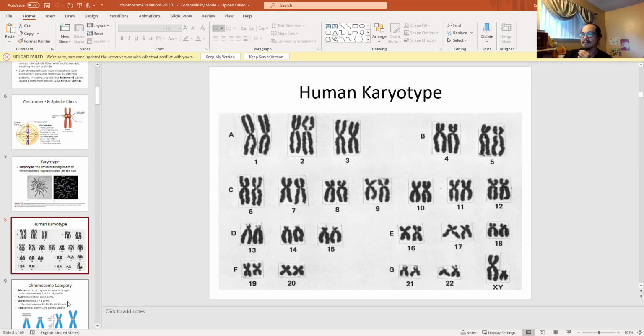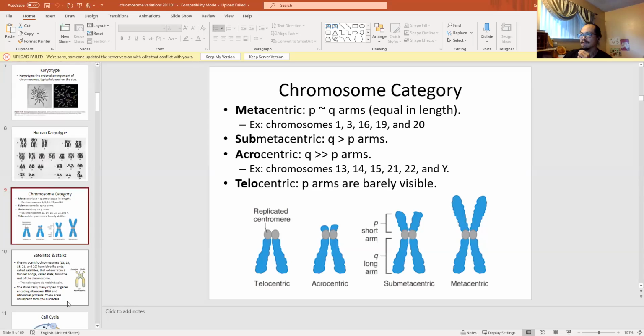So there are basically 4 different categories. We can have the metacentric chromosome, meaning the P arm and Q arm are equal. We can have the submetacentric chromosome, meaning that the P arm is shorter. Visibly, we can see it's shorter than the Q arm.